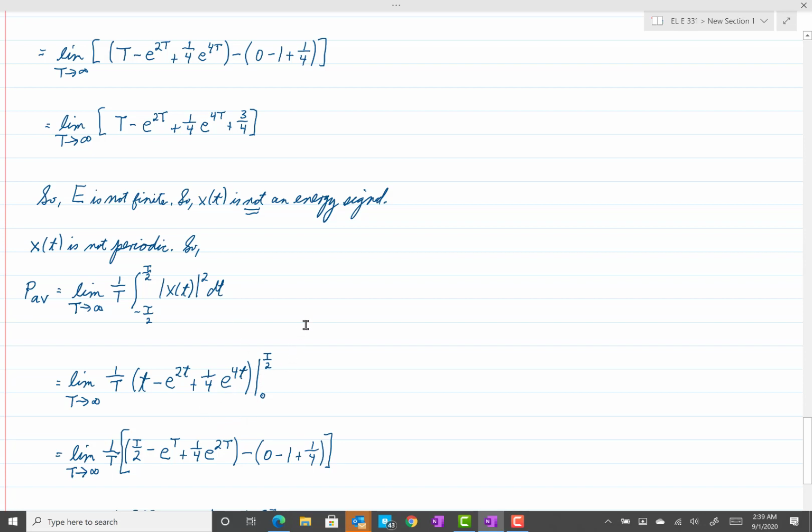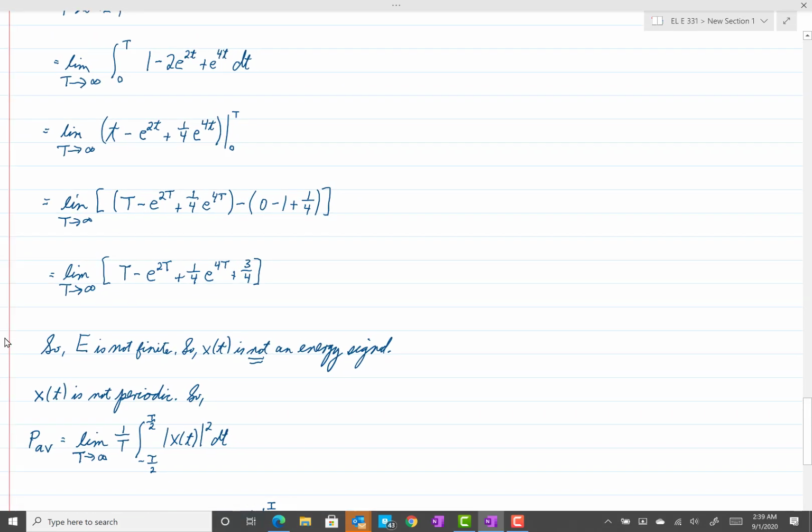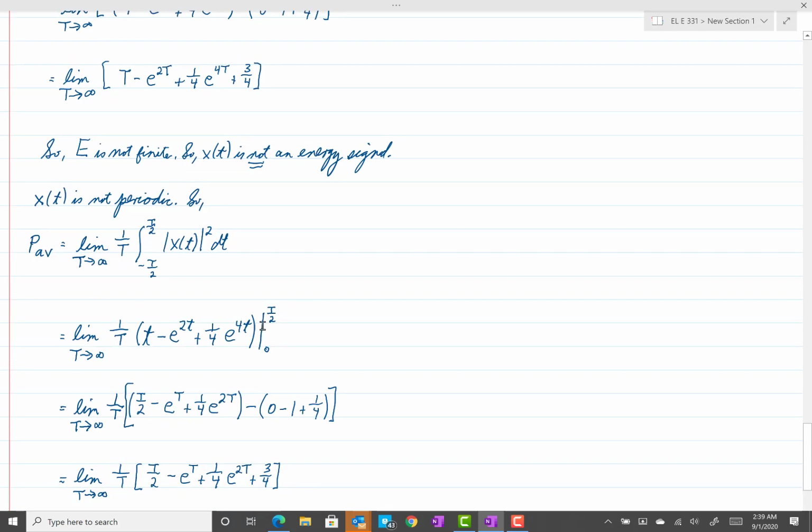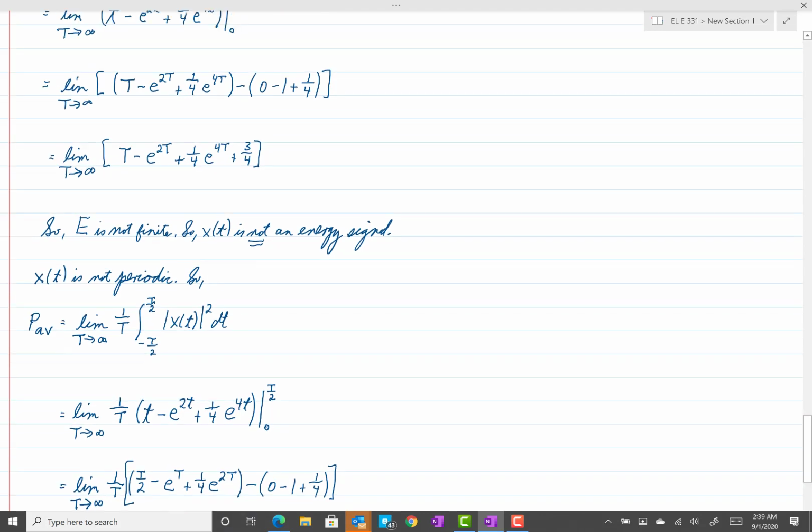Just as before, we can use some of our work in calculating the energy in calculating the average power, and so we're going to do that. The way that I jump from here to here is by using this work right up here. But notice we have negative T over 2 there, but then again, because of the presence of the u of t, that will be 0 again here.